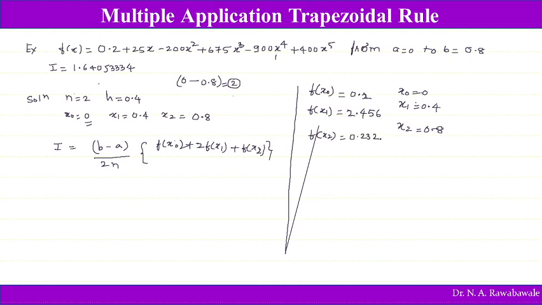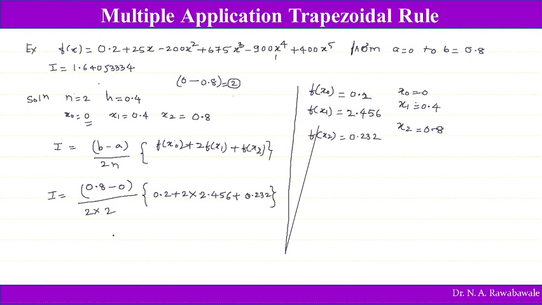Therefore, integration I becomes b minus a, where b value is 0.8 and a value is 0, divided by 2 into n, where the number of intervals we have considered is 2, in bracket f of x0 value is 0.2 plus 2 into f of x1 value 2.456 plus 0.232.